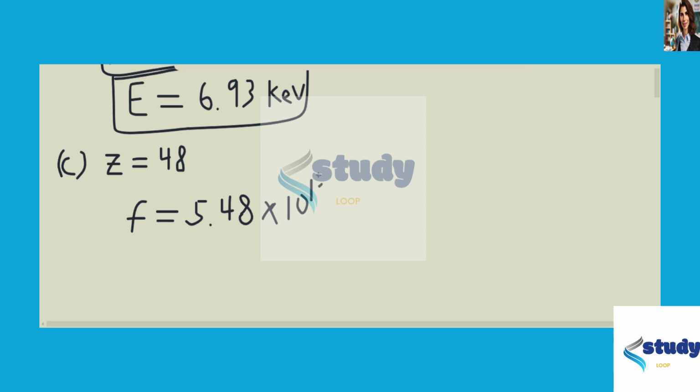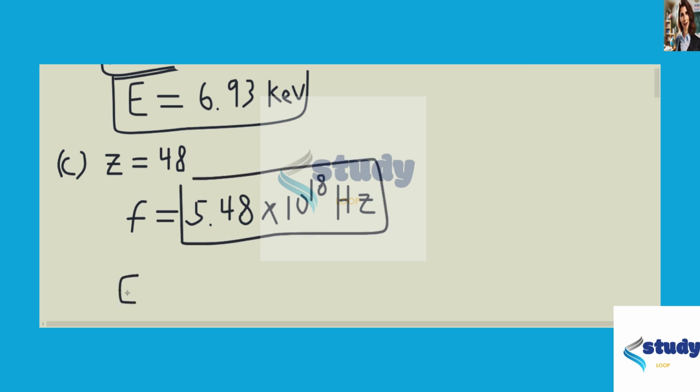So we know our frequency, and now we can find the energy and wavelength. Again, using Planck's constant times the frequency, we find that the energy is equal to 22 times 10 to the 3 electron volts, or 22 keV.